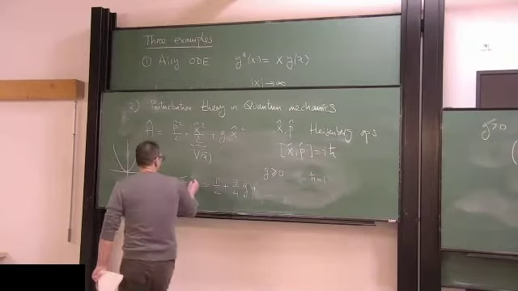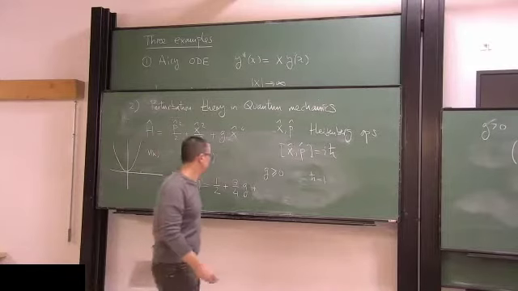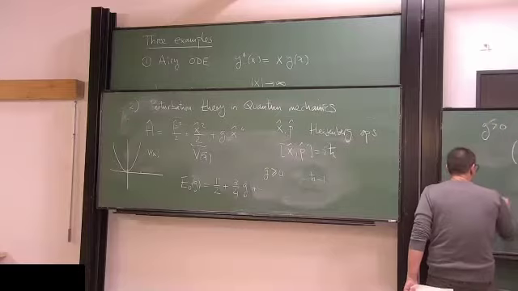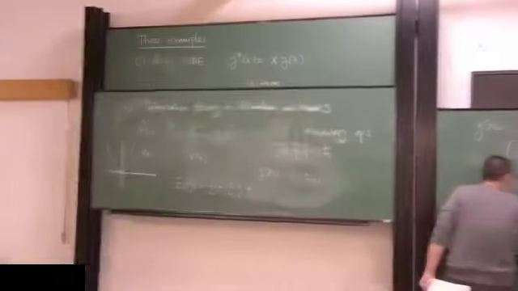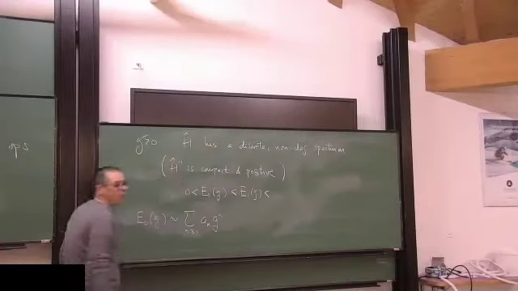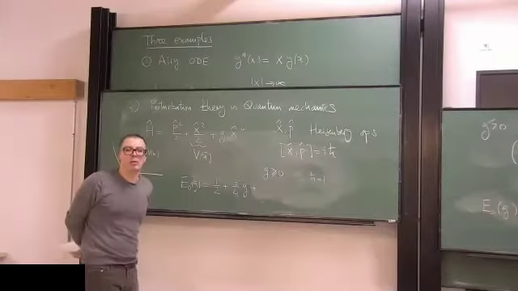But what you find from this perturbation theory is a power series like this. So perturbation theory gives you an asymptotic expansion. And it was a very interesting question for physicists for many years: what is the nature of this series?